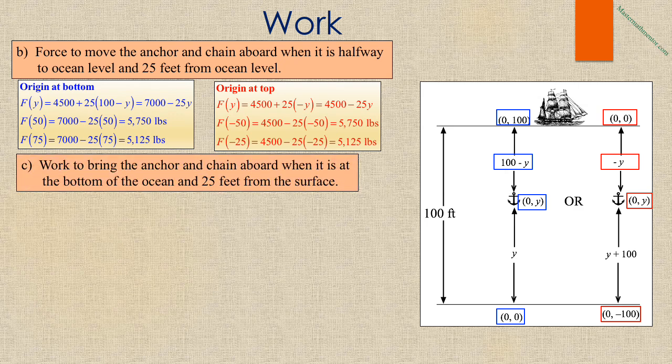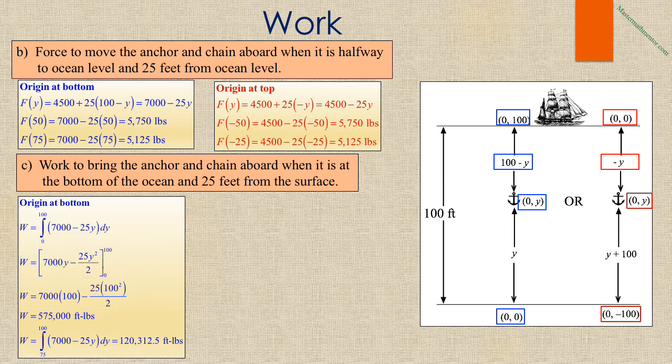So now we want the work required to bring the anchor and chain aboard when it is first at the bottom of the ocean, and secondly 25 feet from the surface. If our origin is at the bottom, then the work is simply the integral from 0 to 100 of 7,000 minus 25y dy.